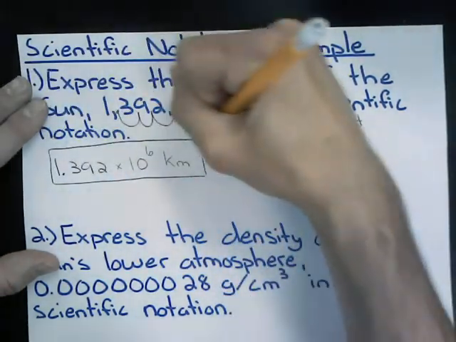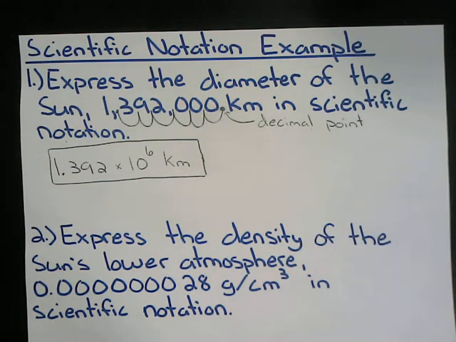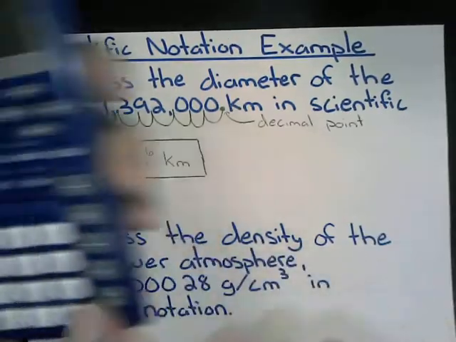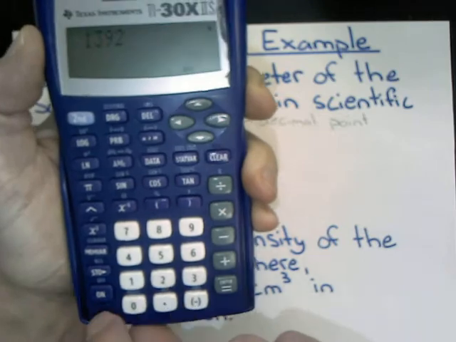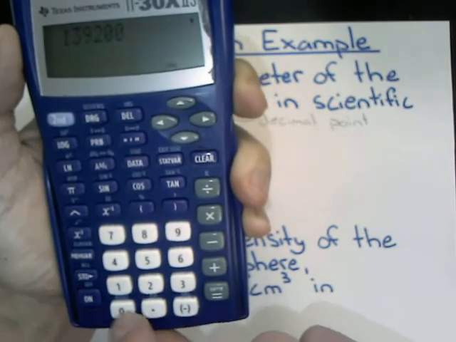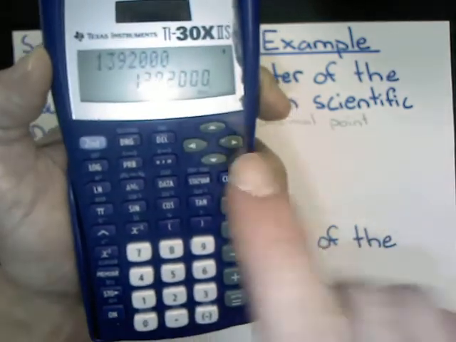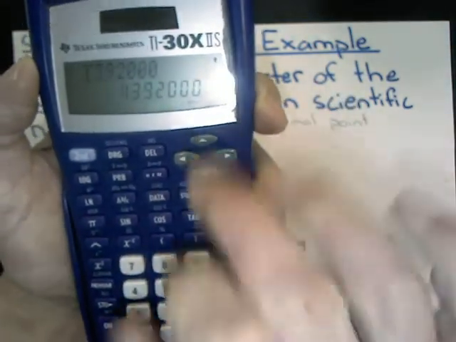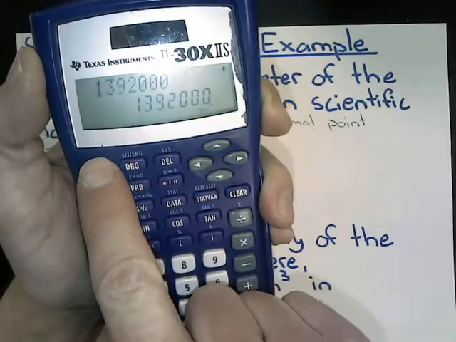Now, what you can also do is double check yourself on the calculator. So if we have our number here, which is 1,392,000, all I'm going to do is press enter, which is going to give us the same number. But if you have a Texas Instruments calculator, a TI-30 calculator, what you can do is hit this second button.